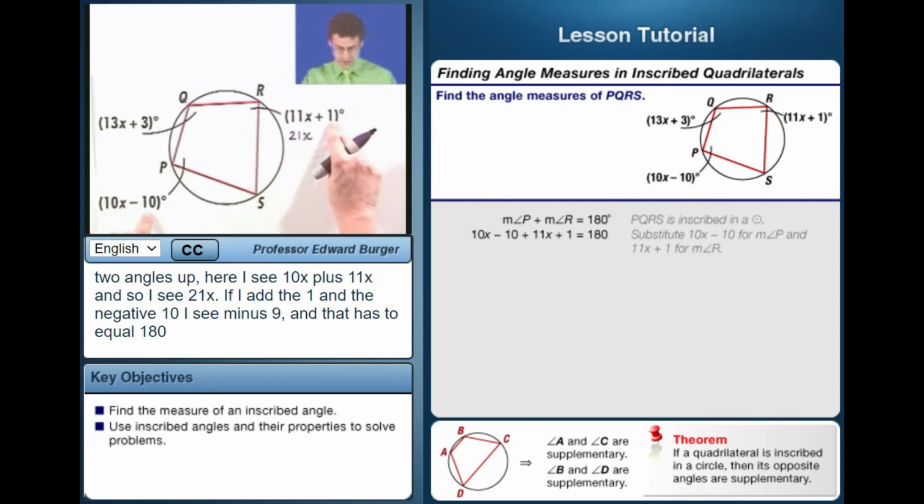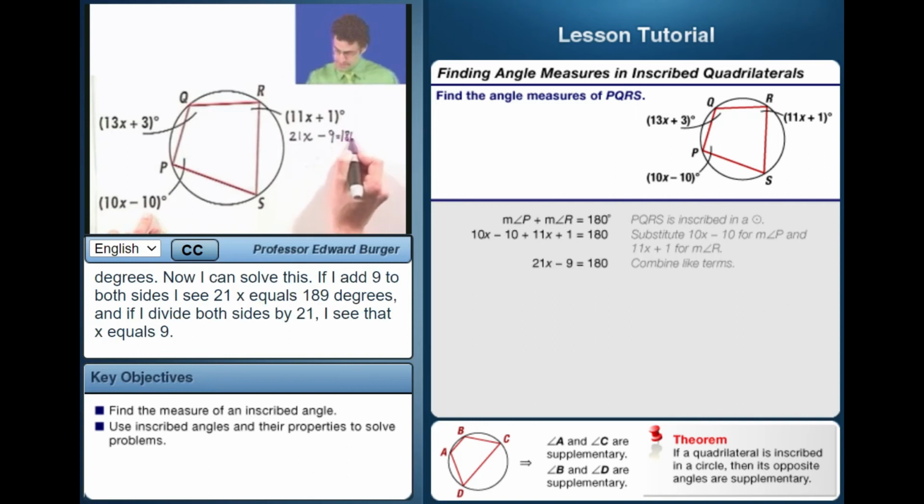And if I add the 1 and the negative 10, I see minus 9. And that has to equal 180 degrees. And now I can solve this. If I add 9 to both sides, I see that 21x equals 189 degrees. And if I divide both sides by 21, I see that x equals 9.